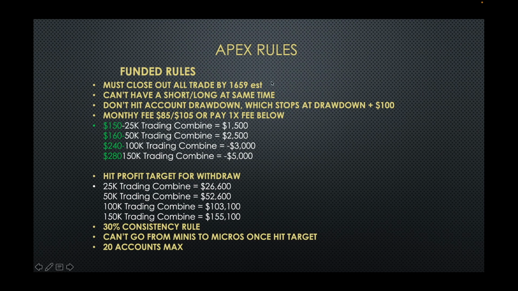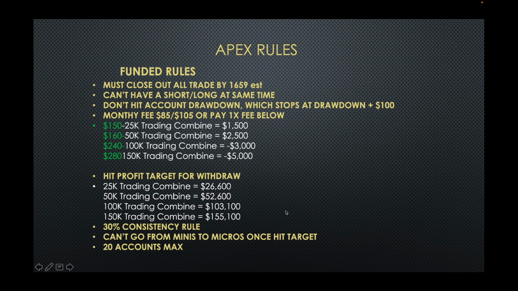One of the benefits of Apex is they allow you to have 20 PA accounts. And don't get, it's another marketing scheme where you hear people say, well, that's 20 accounts I can trade. I can spread my drawdown out throughout those 20 accounts. That's bullshit. The only thing the 20 accounts benefits you is if you link your accounts together, you trade one account, and whatever happens in that one account, it happens in all 20 of those accounts.